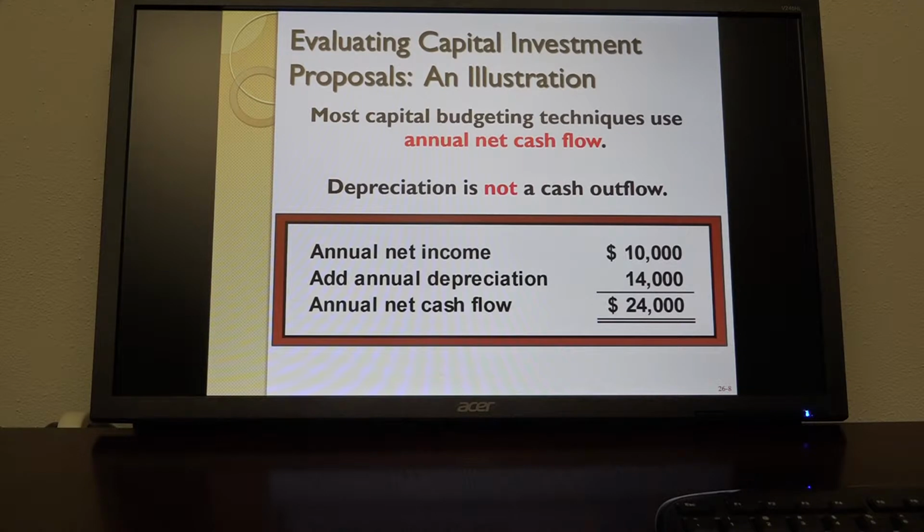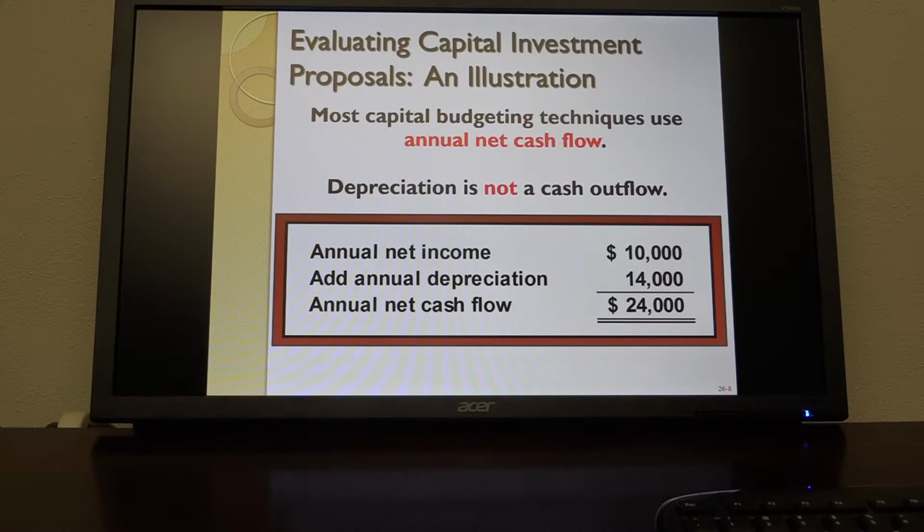And so most capital budgeting techniques use an annual net cash flow. And again, recall that depreciation is not a cash outflow. So what you have to do anytime you see this, to figure out your annual net cash flow, is take net income and add back in your annual depreciation. In this case, their annual net income was $10,000, and so they're adding back in the annual depreciation of $14,000 to get their annual net cash flow.